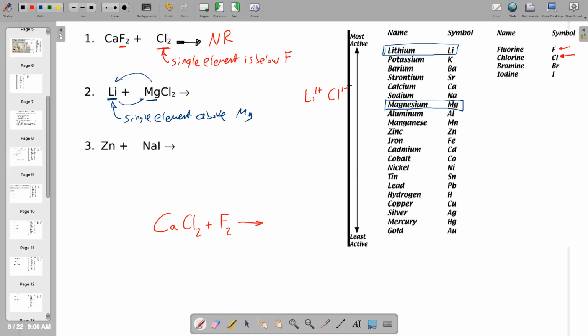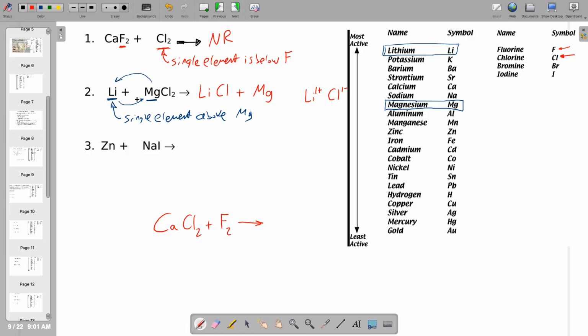When lithium goes together with chlorine, that compound is just LiCl. There's not going to be a 2 after it or anything. And then the magnesium goes by itself, like LiCl plus Mg. So the replacement of magnesium by lithium happens because lithium is above magnesium on the table.